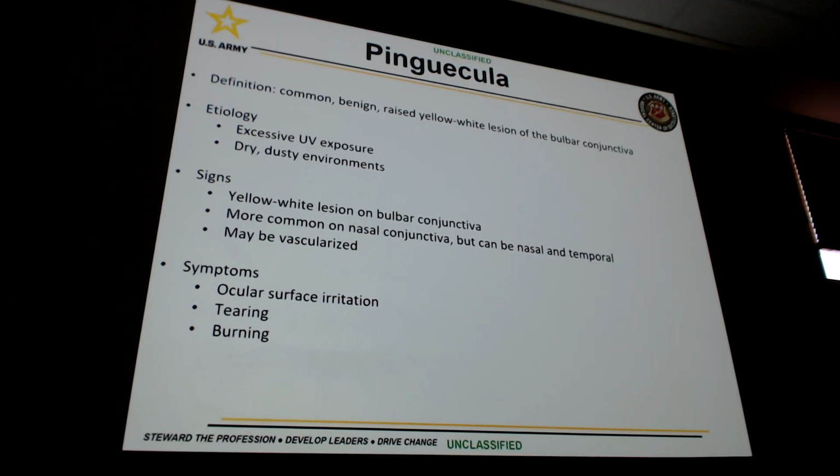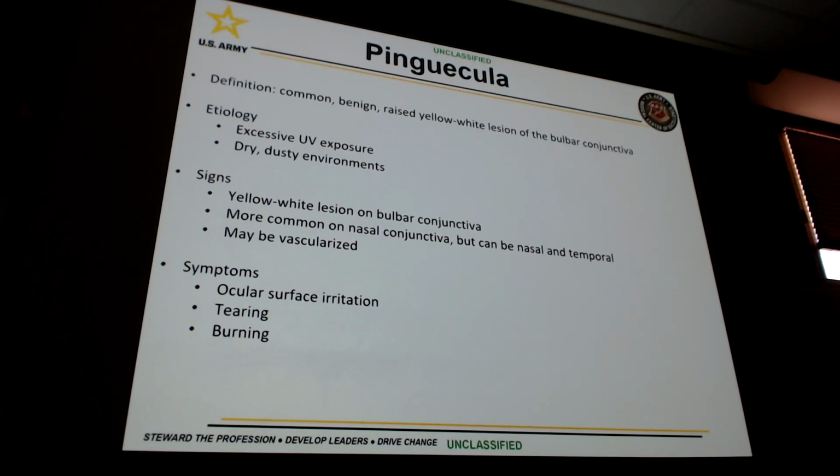Patients that don't wear sunglasses, they're in dry, dusty environments, are more susceptible to pinguecula. Okay? And again, it's just kind of like a callus over the conjunctiva. So as that air and dust blows on the conj, just like you get calluses on your hands, you can get a callus on your conj. And that's called a pinguecula. Okay?